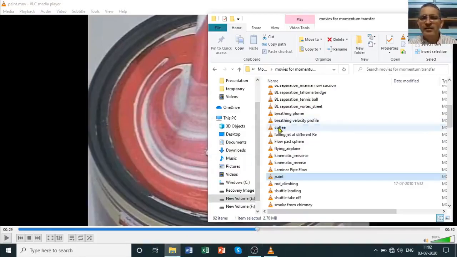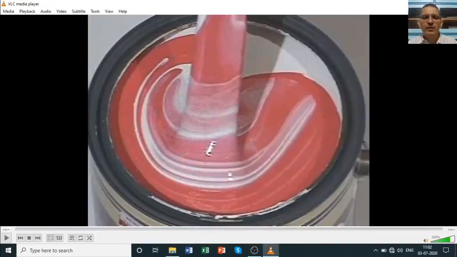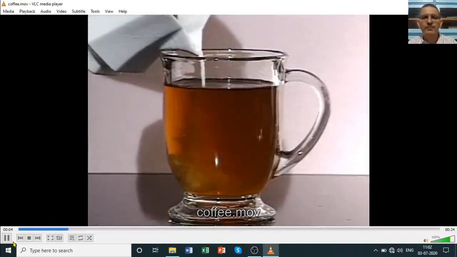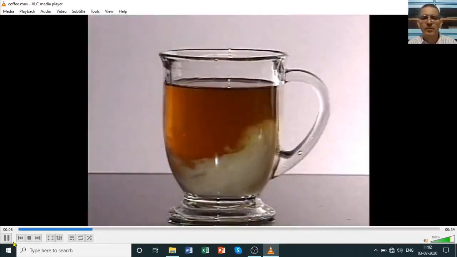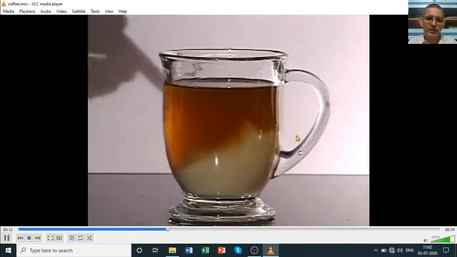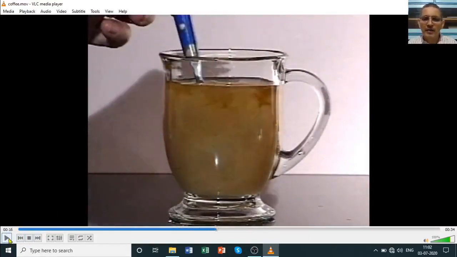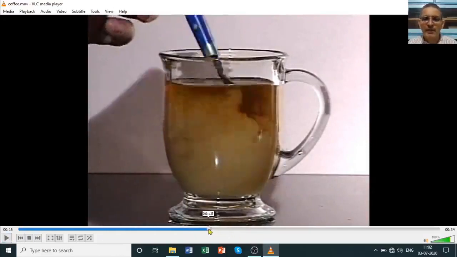Now contrast this with the mixing of coffee. Now do you see layers here? When this coffee and milk is being mixed, do we see layers? Yeah, of course, there's one milk layer here and one coffee layer here. But now when this mixing is happening, maybe I will just take this back a little bit.